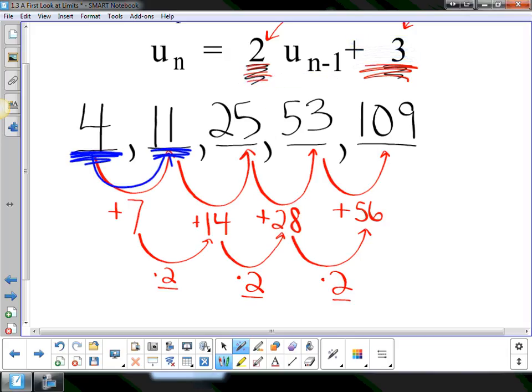You don't, right? If you doubled 4, where would you land? You'd land at 8. How far off are you to get to 11? You're off by 3. So you need an adjustment. You need a shifter. You need a little number that's going to shift the sequence by 3, and that's why we tack on the plus 3.